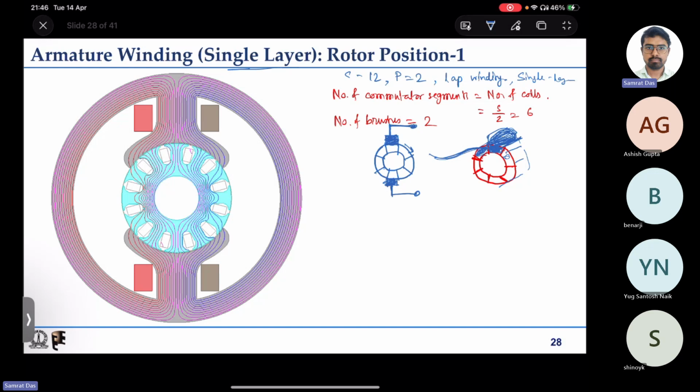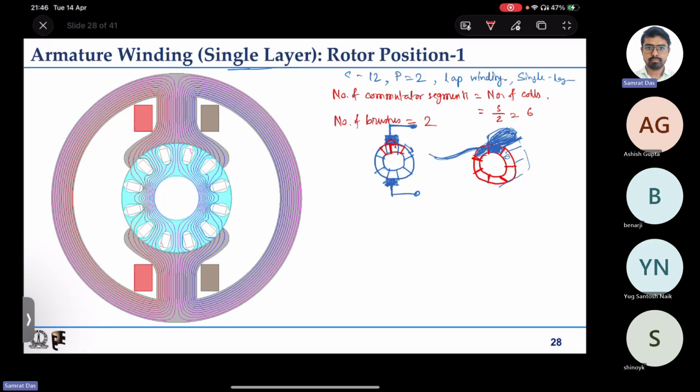But if the commutator rotates, and say this is the new commutator position, then although there is insulation in between, this portion is shorted with this brush, and this portion is also shorted with this brush. Again, if it further rotates, it will come back to the original position where one brush is shorted with one commutator segment. This is what will keep on happening as the rotor rotates, and along with it the commutator also rotates.